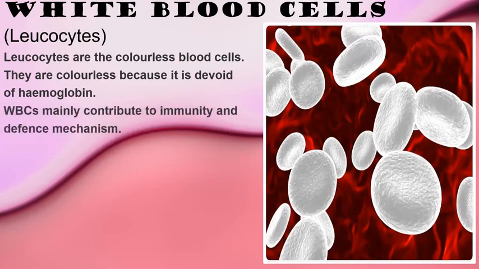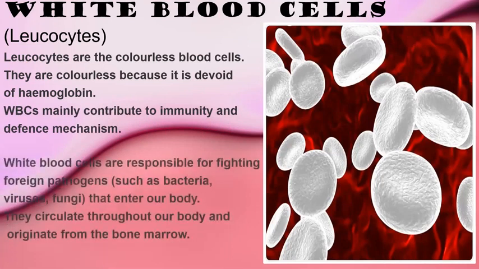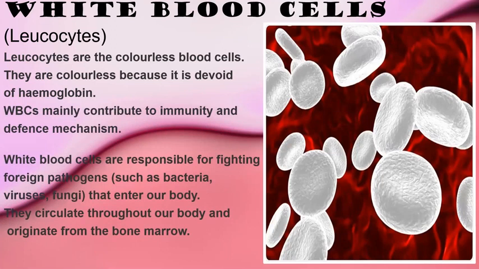White blood cells mainly contribute to immunity and the defense mechanism. White blood cells are responsible for fighting foreign pathogens such as bacteria, viruses, and fungi that enter our body. They circulate throughout our body and originate from the bone marrow.